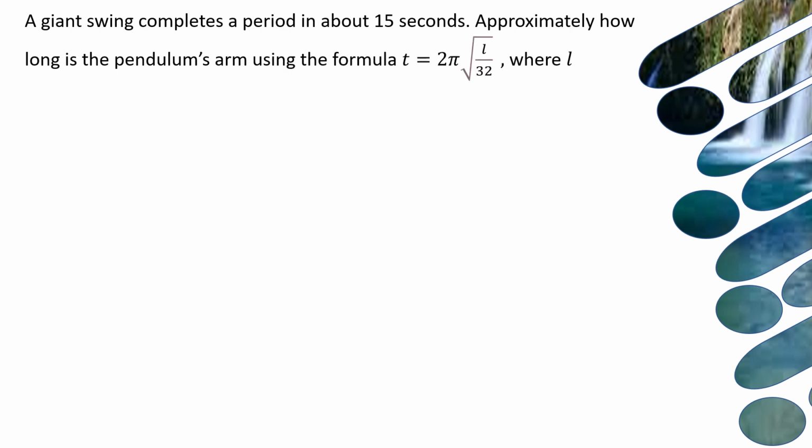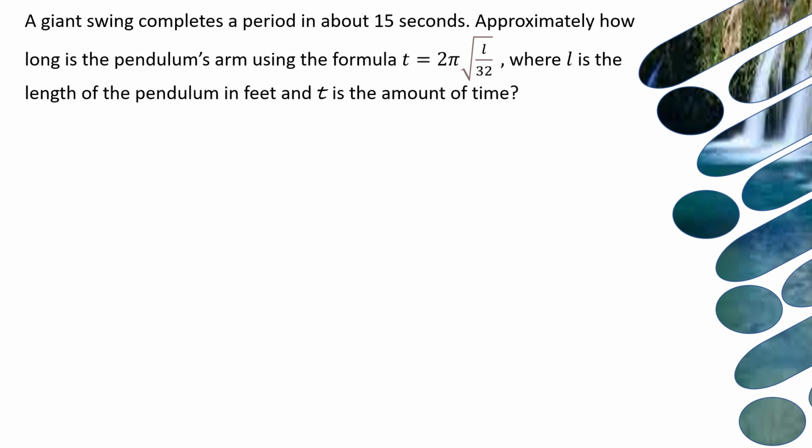Now let's move on to the next question. The giant swing completes a period in about 15 seconds. Approximately how long is the pendulum's arm? Using the formula T equals 2 pi square root of L over 32, where L is the length of the pendulum and T is the amount of time.